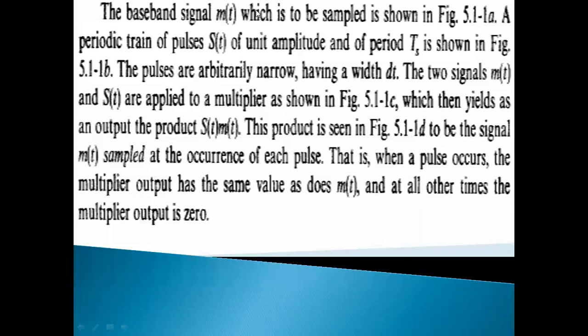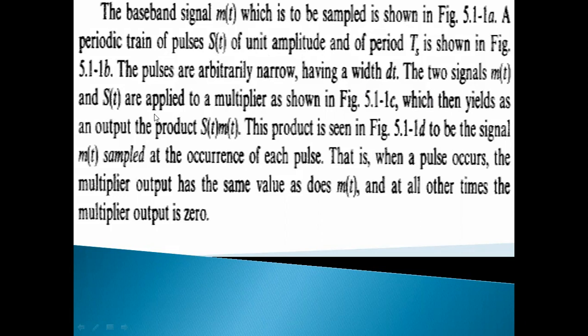Now, the baseband signal m(t) is sampled as shown in the figure. A period pulse train, that is s(t), is applied, which has unit amplitude, and the period is Ts, as shown in the figure. The pulses are very narrow, having a small width dt.